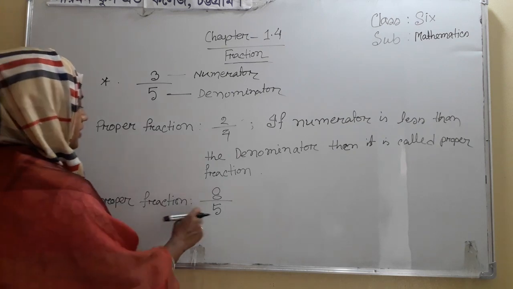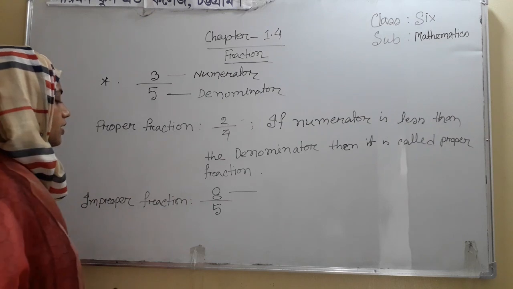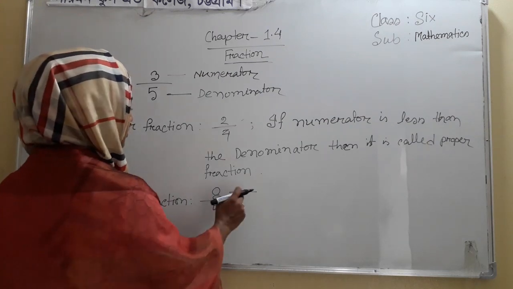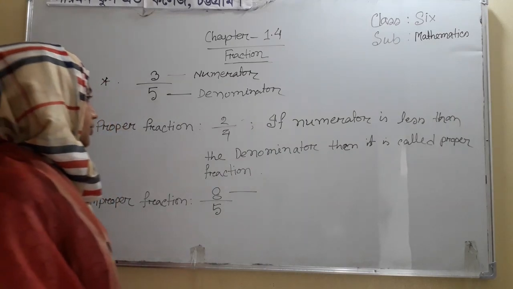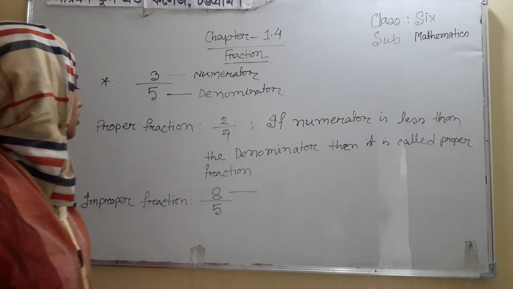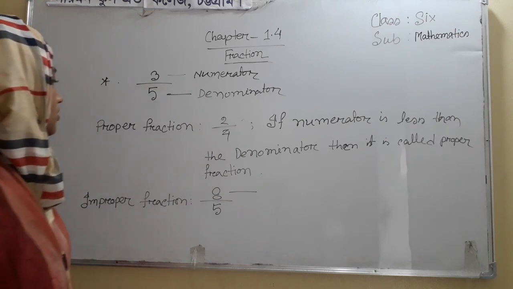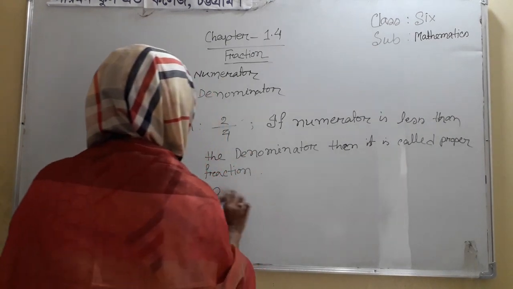In this fraction we can see that numerator is 8 and denominator is 5. We can see that numerator is greater than denominator. That means if numerator is greater than denominator, then it is called improper fraction.